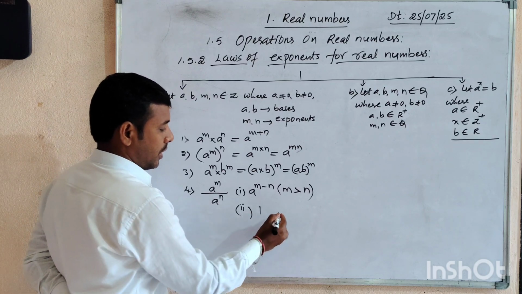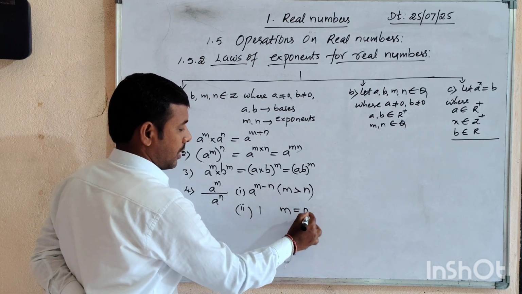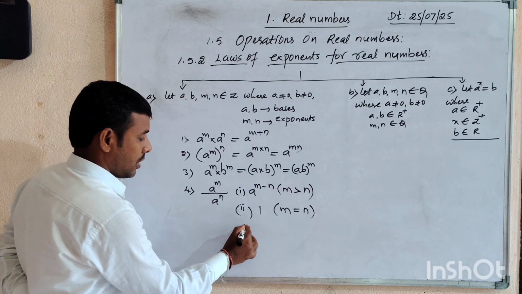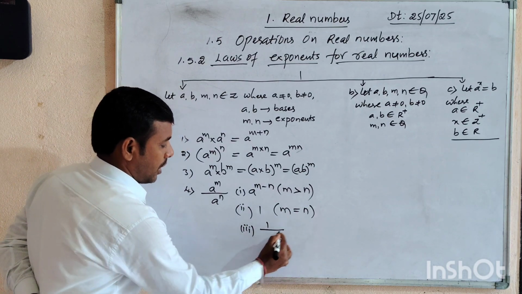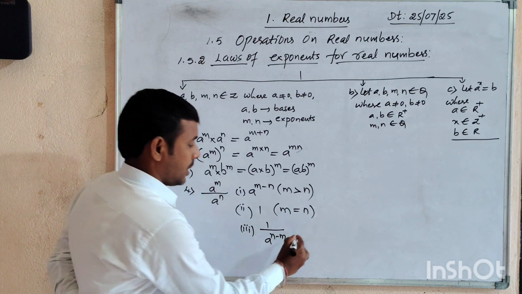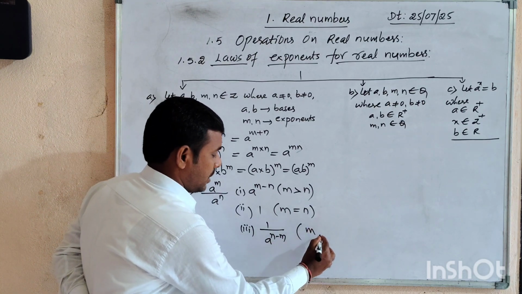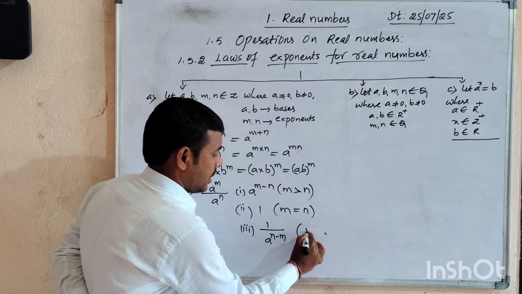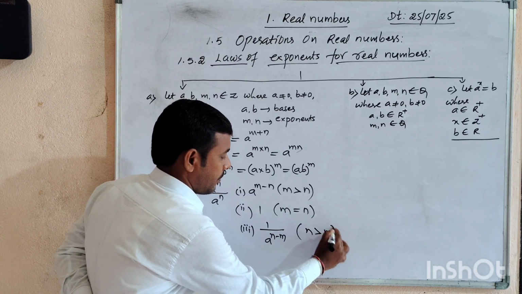It is 1 when m is equal to n. I think understood. In this, one more third, 1 by a to the power of n minus m. Condition is where n is greater than m.